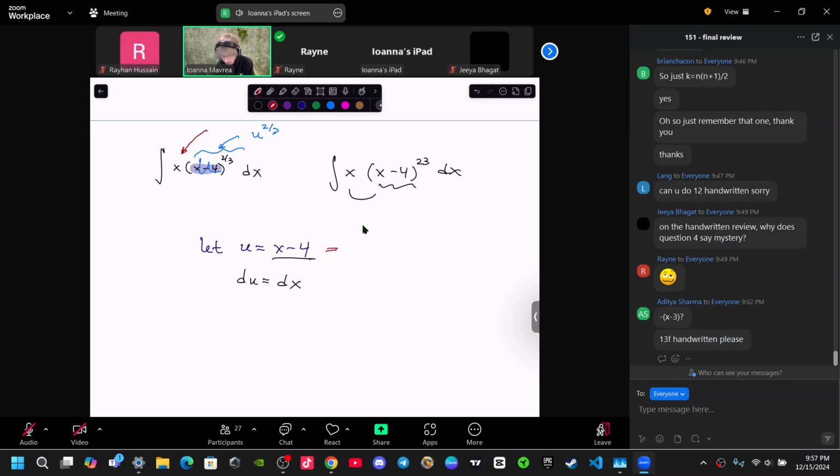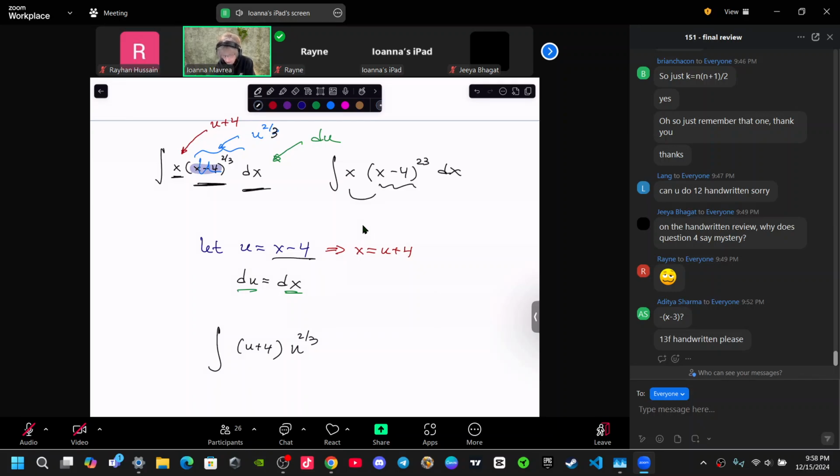Well, let's see. The x needs to be replaced by u plus 4. And you also need to replace the dx. So let's see, dx is du. So now you know the substitution. This is going to be u plus 4 in a parenthesis. This is u to the 2/3, that's a 3 here.